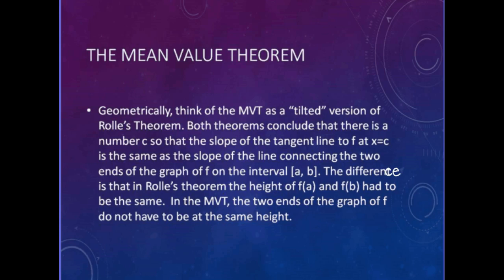Both theorems conclude that there is a number c in our interval such that the slope of the tangent will be the same as the slope of the secant, which is the line connecting the points. The difference is that in Rolle's theorem, the heights of f of a and f of b have to be the same. That is not the case for MVT. So the two ends of the graph of f don't have to be the same height for MVT. MVT essentially encompasses Rolle's theorem then.